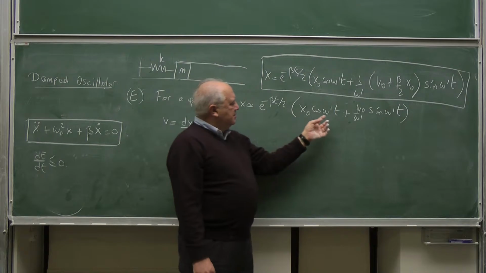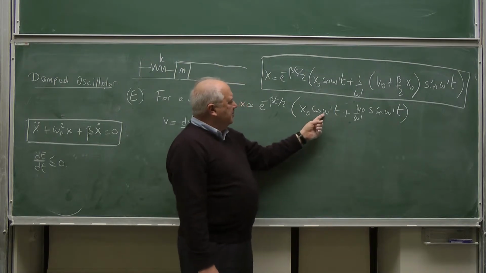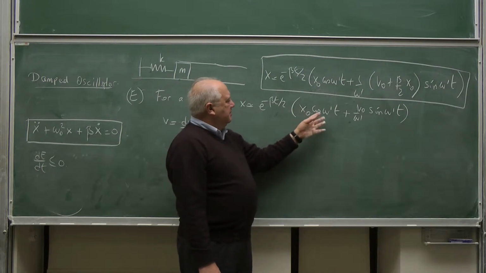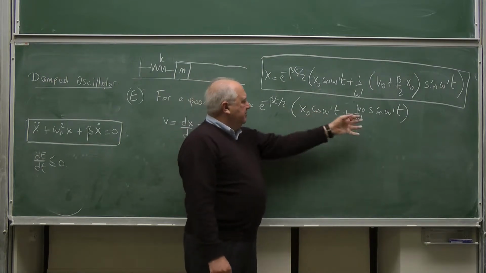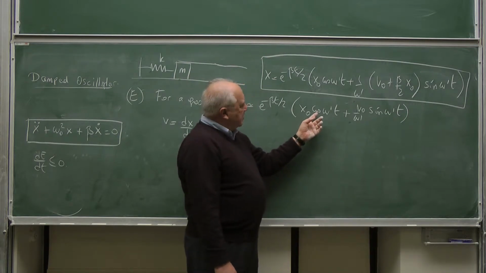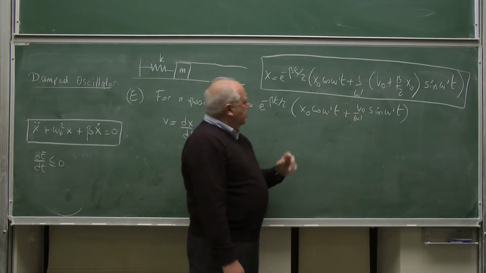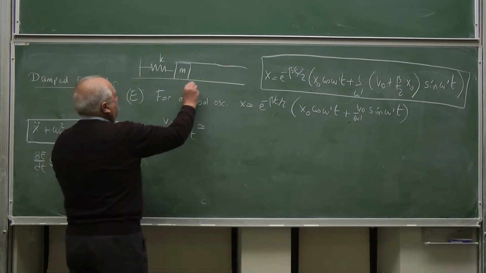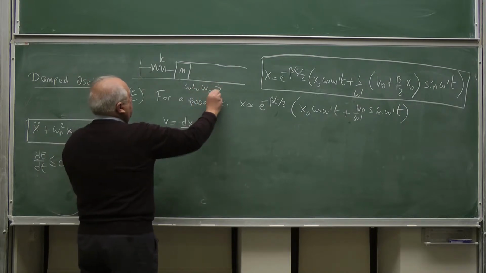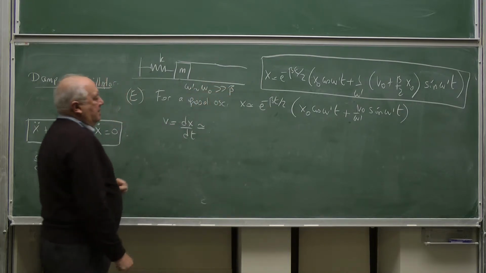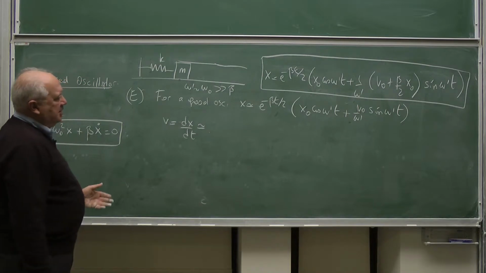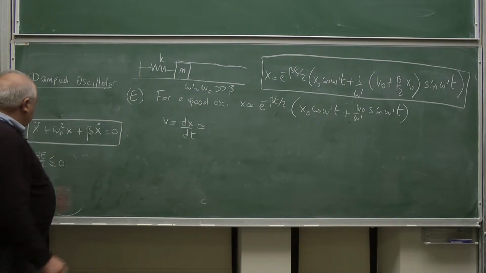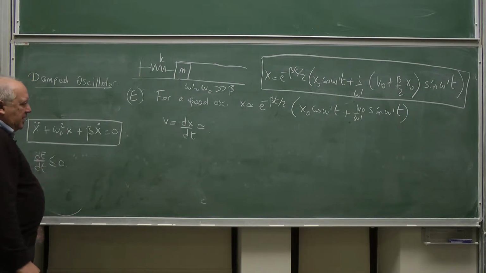And if I take the time derivative of that, omega prime will come out, and it will be multiplying the derivative of this, the sine and the cosine. So since omega prime is much larger than, let's write it again, omega prime is like omega 0, they are both larger than beta. I am looking at the energy in that limit, because otherwise it's too messy. Although we know exactly that the energy goes down.